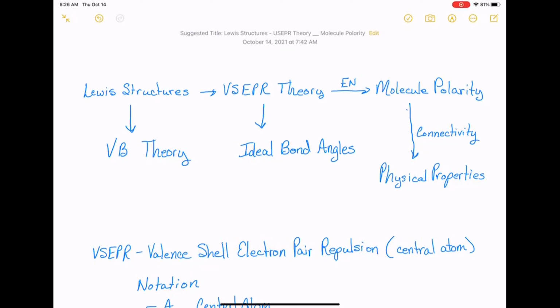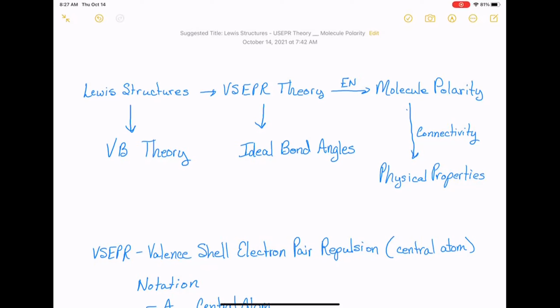It is only going to be the ideal bond angles that I expect you to know come test time. From our molecules that we develop using VSEPR theory and from the electronegativities of the atoms, we will be able to determine the molecule's polarity.